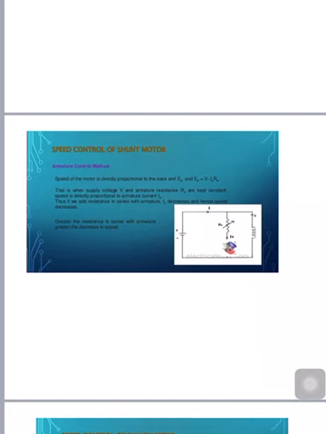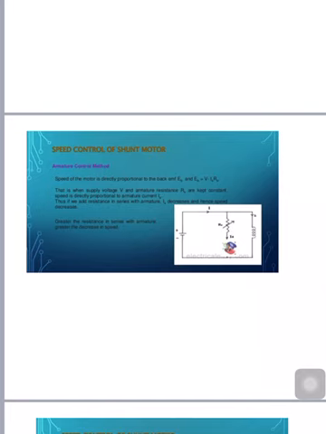Next, what are the advantages of the armature controlled DC shunt motor? Very fine speed control over a wide range can be obtained in both directions. Second, uniform acceleration is obtained.